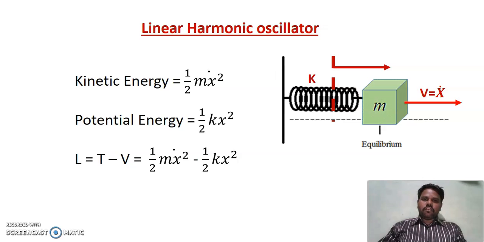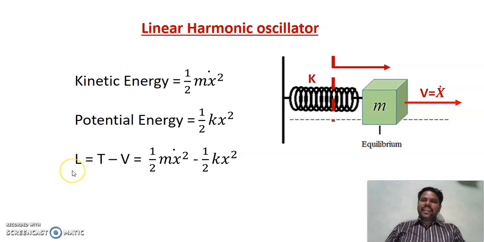On integration of F is equal to minus kx, we get the potential energy, using F is equal to minus del V. So we have obtained the kinetic energy of the linear harmonic oscillator to be half m x dot square and the potential energy to be half kx square.